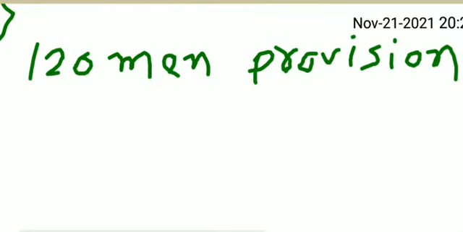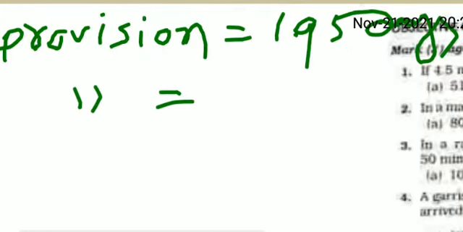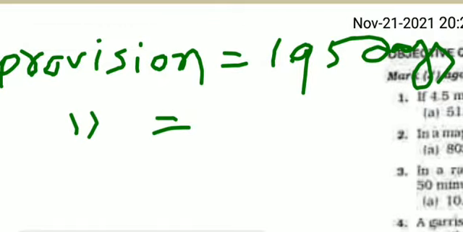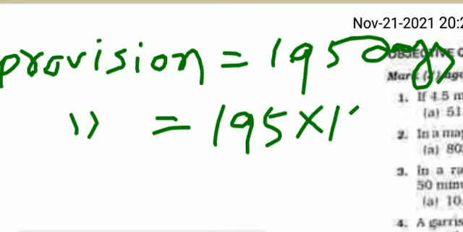Okay, so now find out for one man. Students, if one man gets the same kind of food, then the food will last the maximum days, so it will be 195 into 120. Clear?